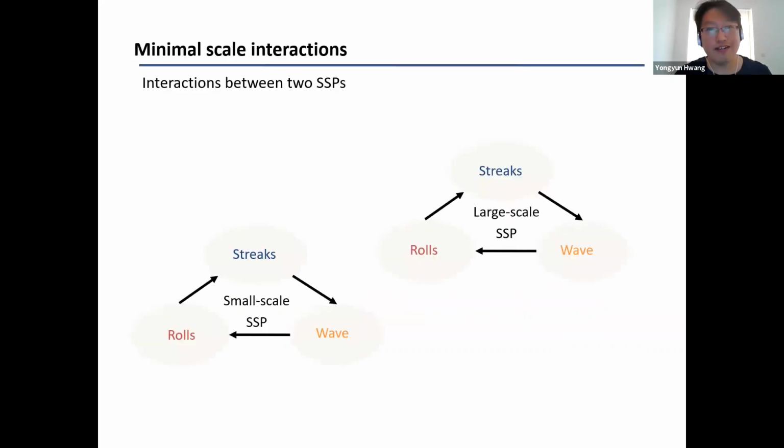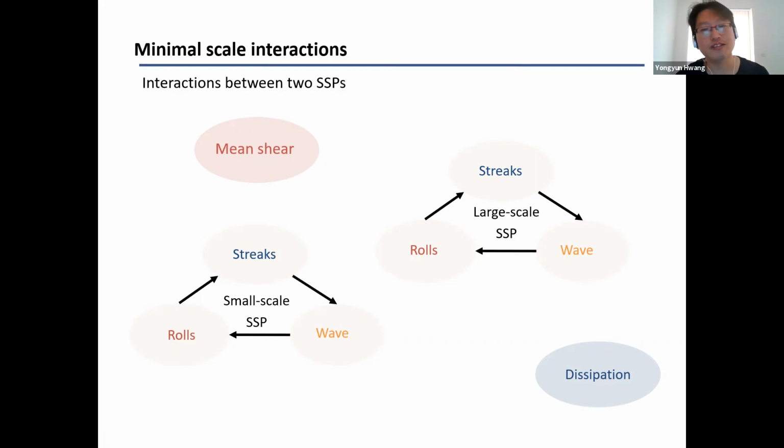The other thing that we really learned, I think this is more valuable than the computation of the exact coherent states. So we had two self-sustaining processes, at large scale and small scale. Okay, this is a roll-streak-wave diagram. And if you study turbulence, the most fundamental thing in shear flow turbulence is production by the mean shear and dissipation.